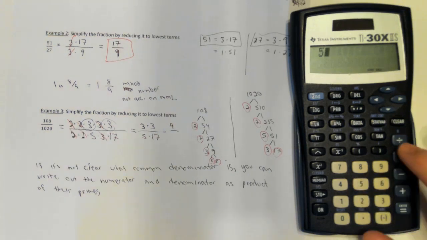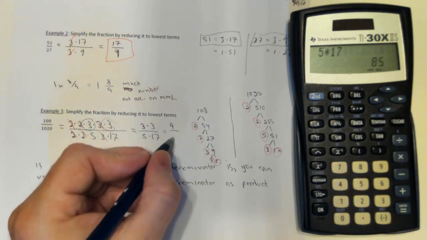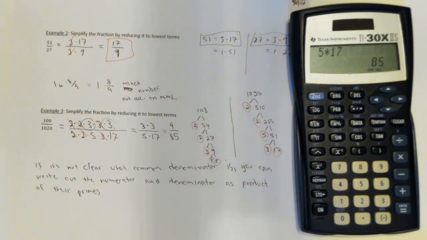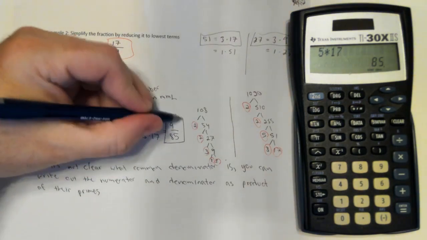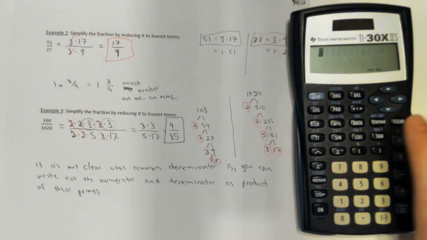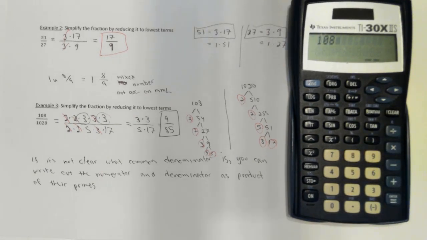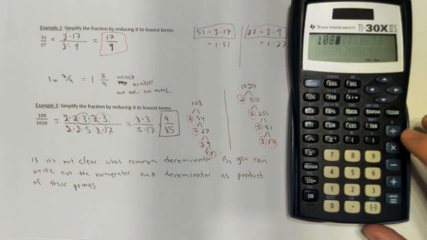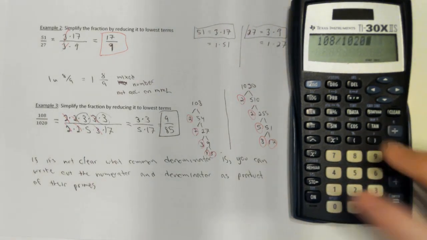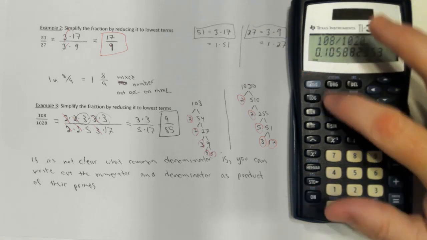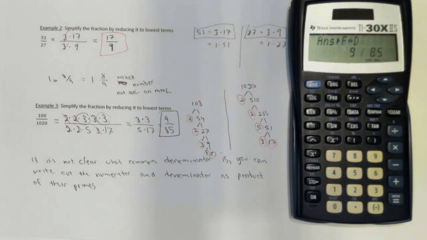And 5 times 17 is 85. So that is the reduced number. Okay, let's see if the calculator will simplify it for us. 108 divided by 1020, second PRB. Yeah, so the calculator will simplify it for us.